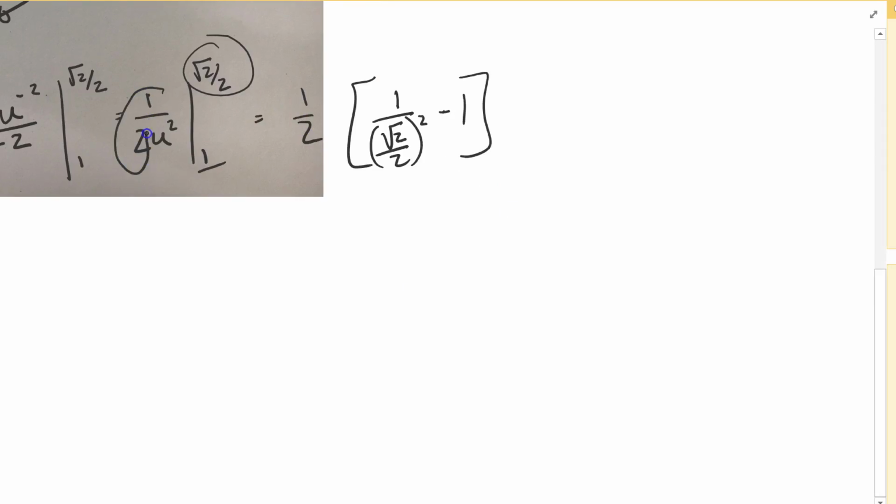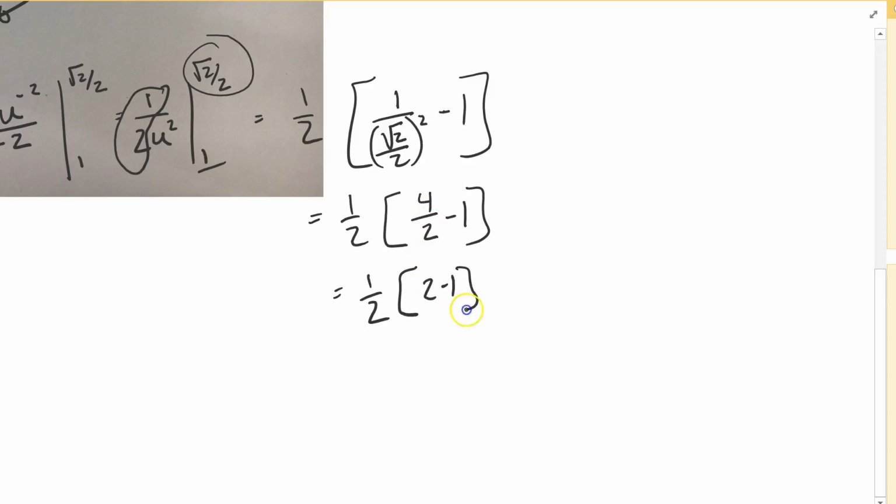Remember, I pulled the 1/2 out front. So what do I have here? This would end up being 4 over 2 minus 1. So that would be 1/2, 2 minus 1, which would just be 1/2.